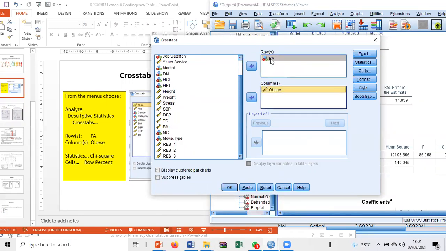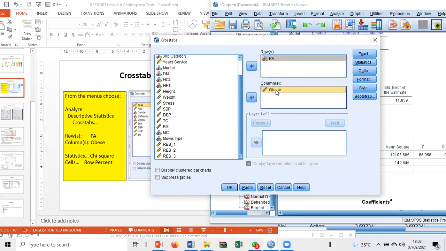What came first, physical activity or obesity? Logically, is physical activity first or obesity first?